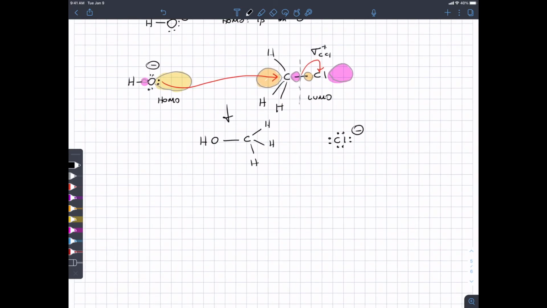This is called a substitution reaction. You don't need to worry about it now, but at some point in the near future, the words SN2 are going to become the bane of your existence. But when they do, understand that you already know why the reaction happens. The HOMO of the nucleophile attacks the LUMO of the electrophile. You make a new sigma bond and you break the old sigma bond.